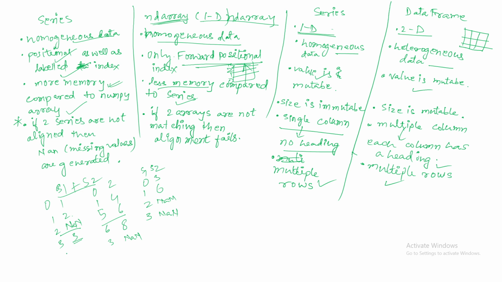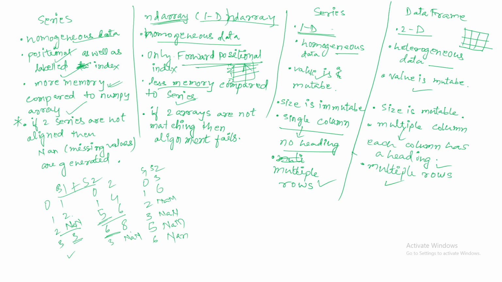Now 4. Is index 4 there? No. Is index 4 there? No. So index 4 will not come. Now here what is given? 5 is given. Here what is given? 6 is given. So 5 and 6 here, but in series 1, no. So at 5 place also NaN will come, and at 6 place also NaN will come. Understood?